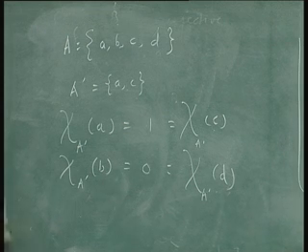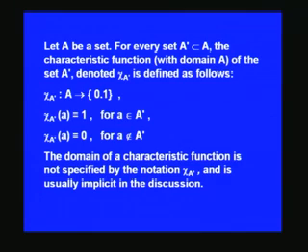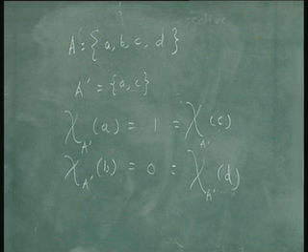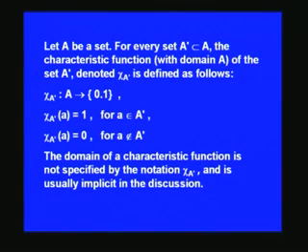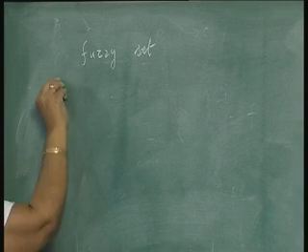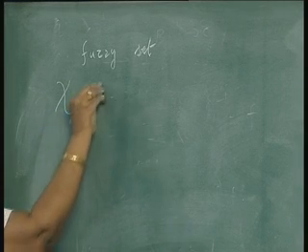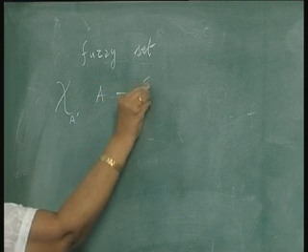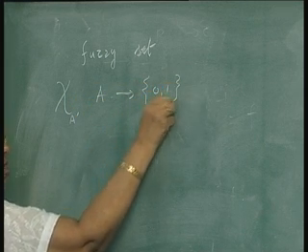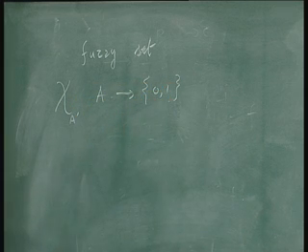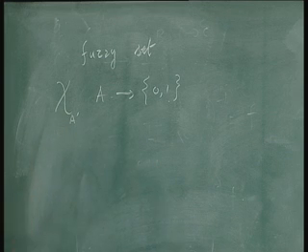Now, you must have heard the word fuzzy set. What is it? See, the characteristic function chi A dash is a map from A to {0, 1}. If you take some element in A, either it belongs to the subset or it does not belong to the subset.